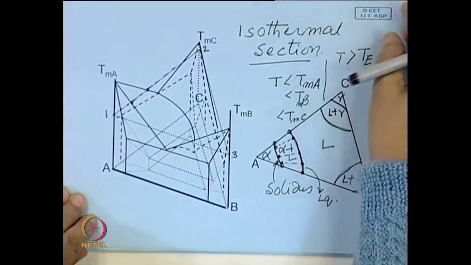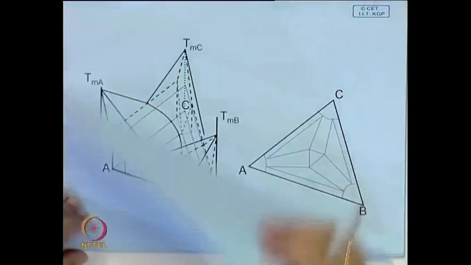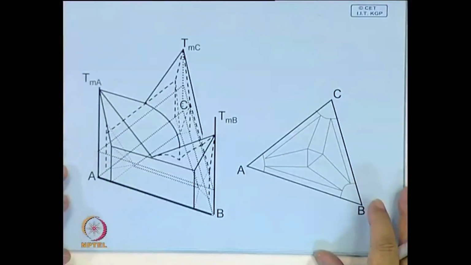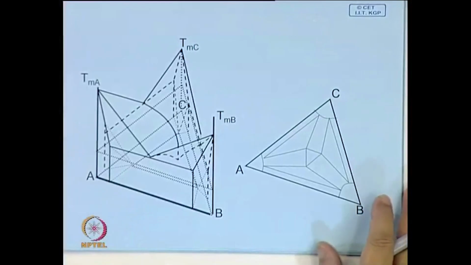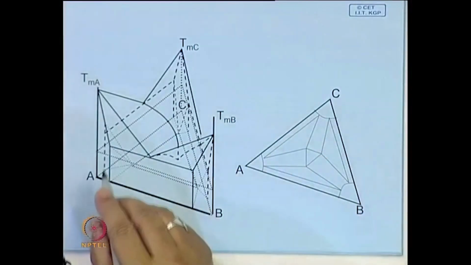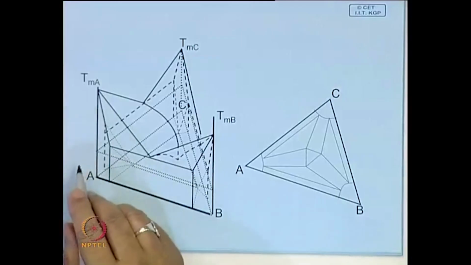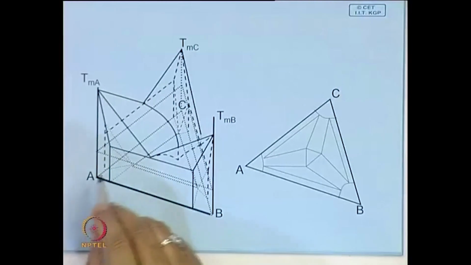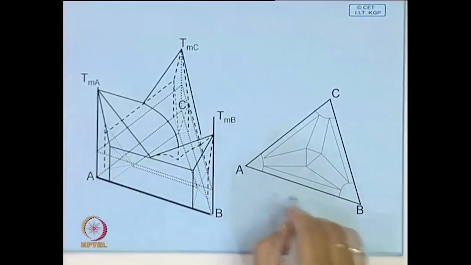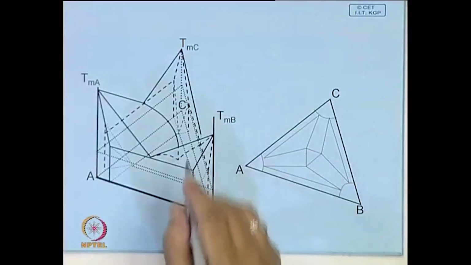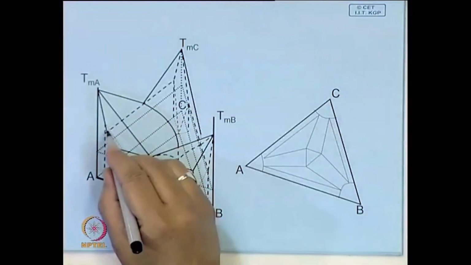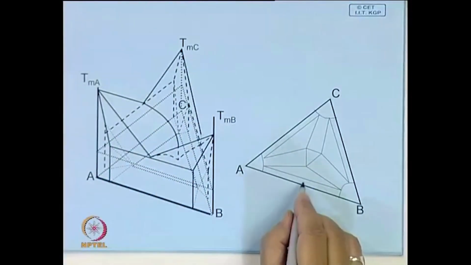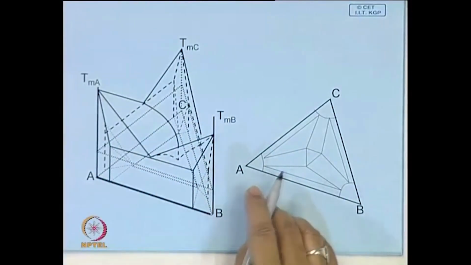Now, having done this, let us look at the isothermal section at a temperature which is lower than each of these three binary eutectic temperatures. So, we are taking a section at a temperature which is lower than the binary eutectics of each of these three systems, but higher than the ternary eutectic isotherm.